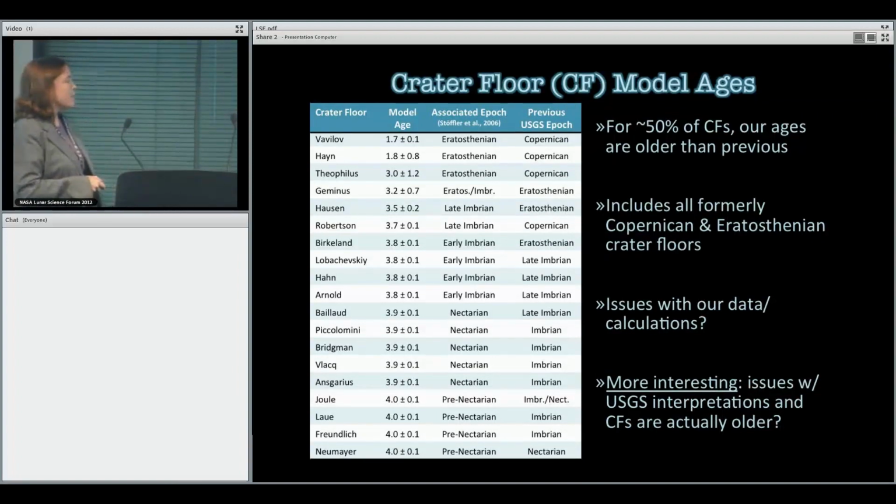But the more interesting thing is that there are actually issues with the original USGS interpretations, which were based upon Lunar Orbiter images, which were not as nice, especially on the far side.